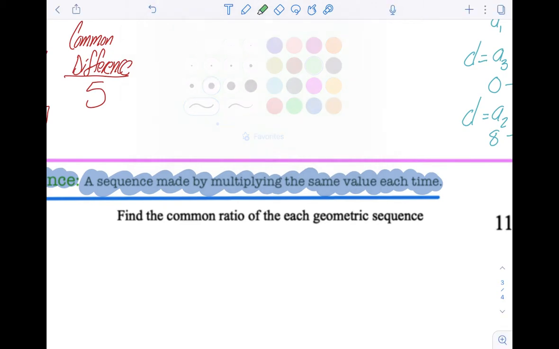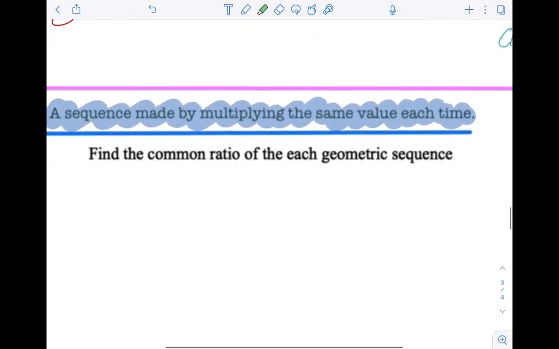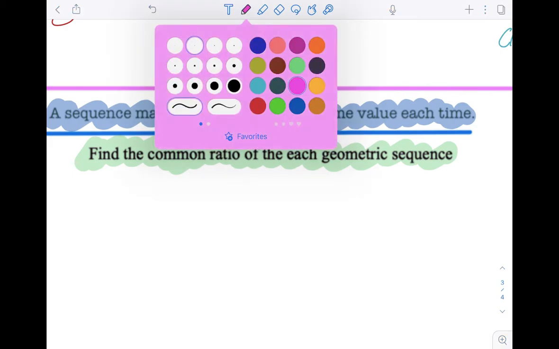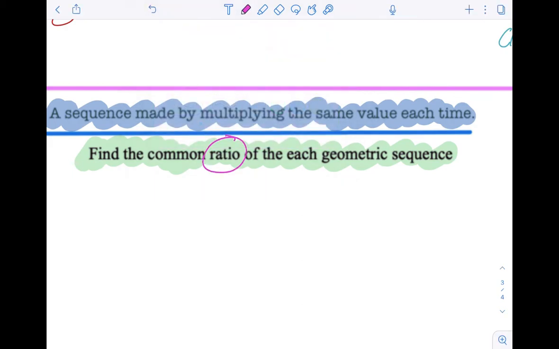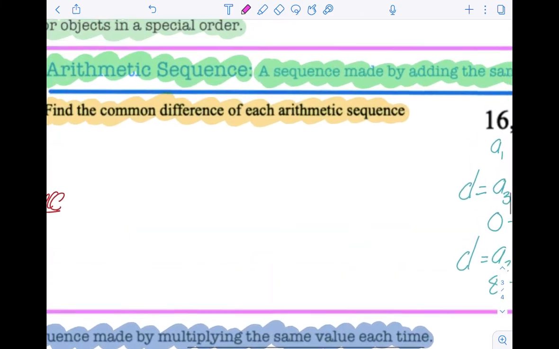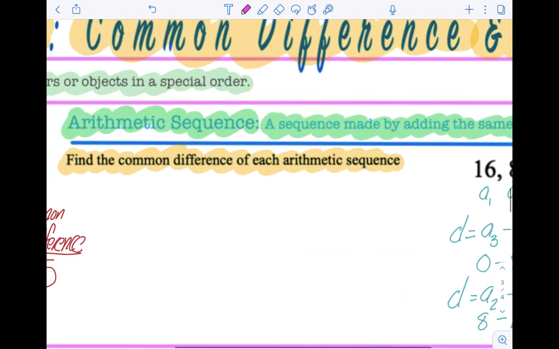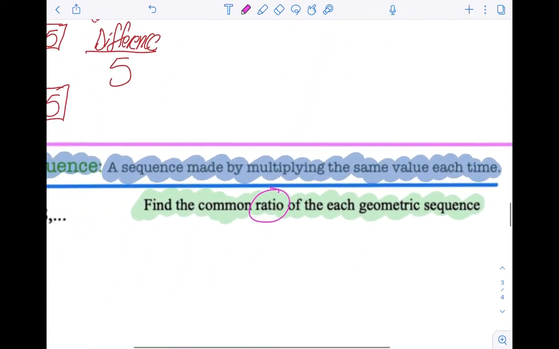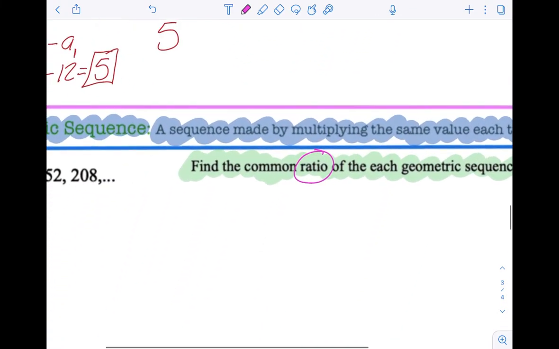So let us read the instructions, and it says, find the common ratio of each geometric sequence. So here we're talking about ratio. Ratio is what tells you what you're going to multiply next. In arithmetic sequence, it's the common difference, D. It tells you what you're going to add next, right? But for geometric, ratio is going to tell you what you're going to multiply next.